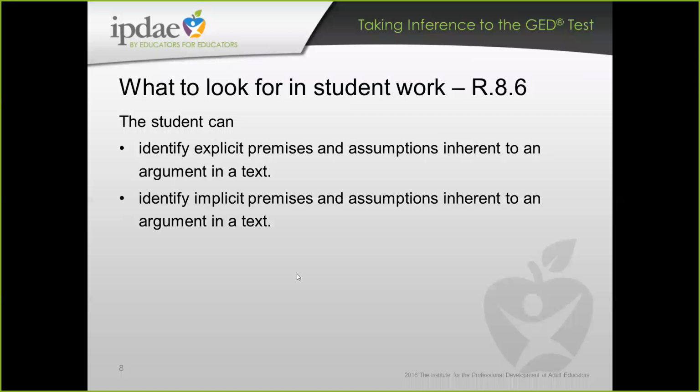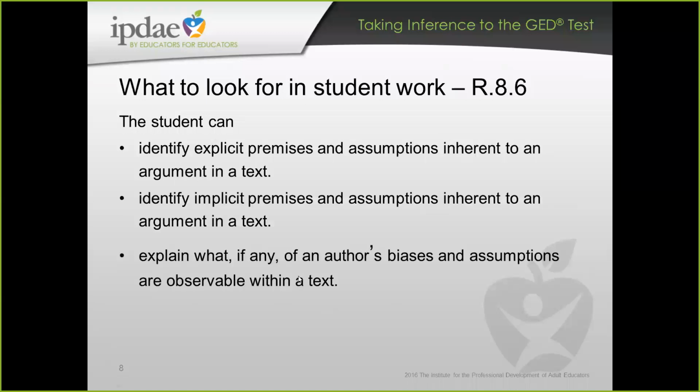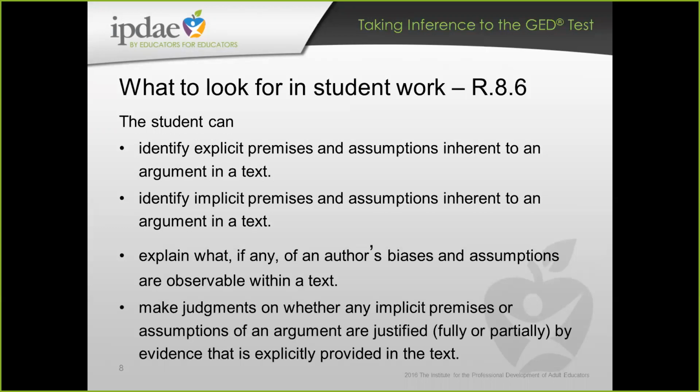A little bit different, a little more complex. And of course, we can't forget that sometimes an inference refers to what the author has as a bias or assumptions that we can look at in a text. And of course, we want students to be able to make informed judgments on whether those premises or assumptions are justified. But you know what, Susan?